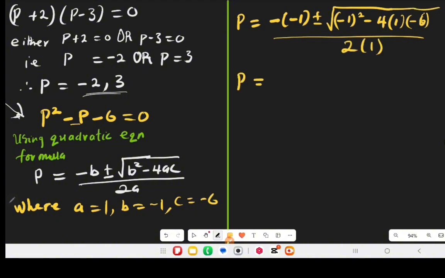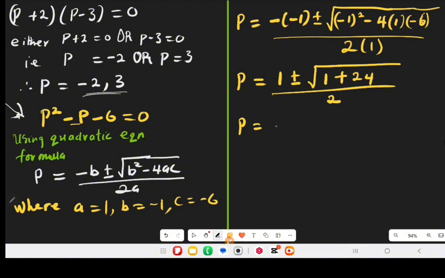Then p will be equal to minus times minus gives us plus 1, plus or minus the square root of minus 1 squared, which gives us 1, minus 4 times 1 times minus 6, which gives us plus 24, all over 2a, which gives us 2. P is equal to 1 plus or minus the square root of 25 all over 2.